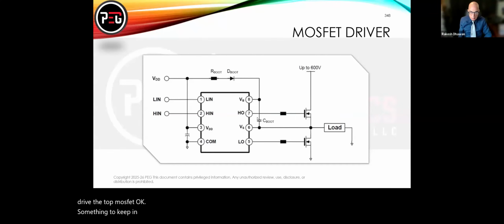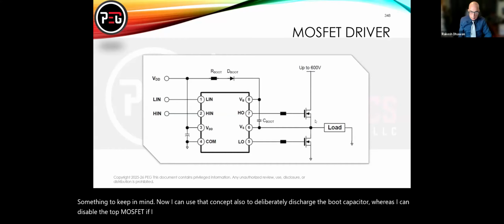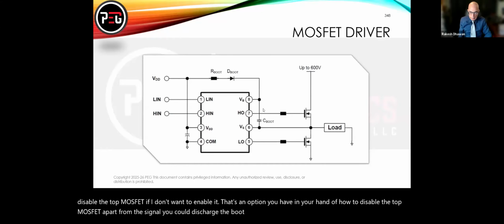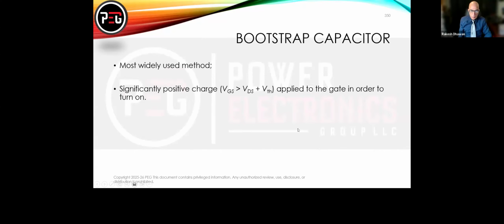Now, I can use that concept to deliberately discharge the boot capacitor, so I can disable the top MOSFET if I don't want to enable it. That's an option you have, apart from the signal, to disable the top MOSFET: you could discharge the boot capacitor and not allow it to charge. So we talked about the bootstrap capacitor.